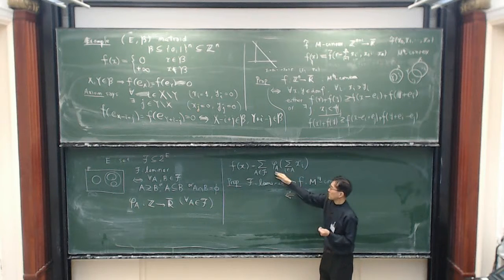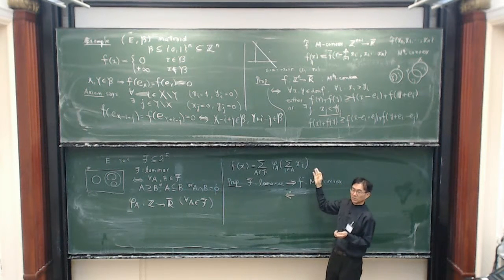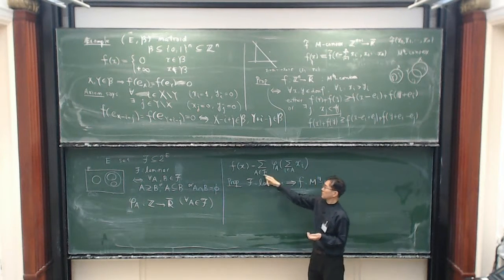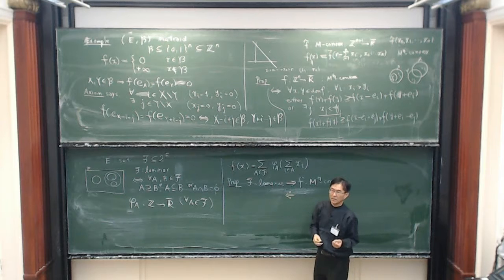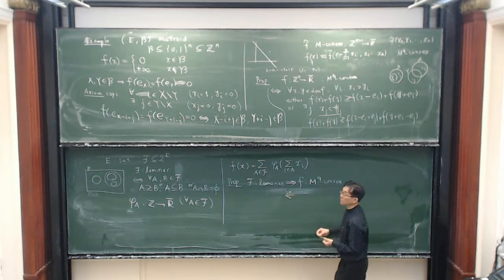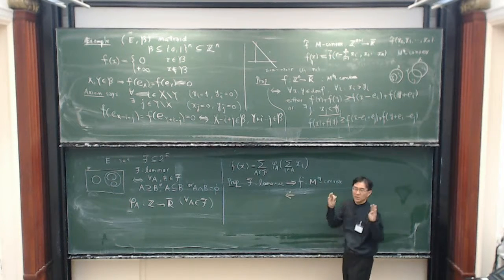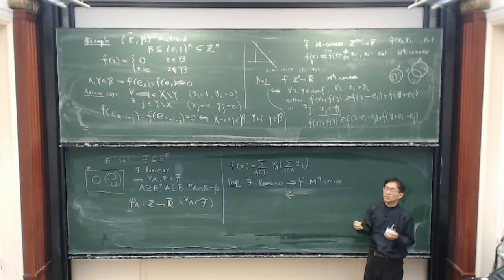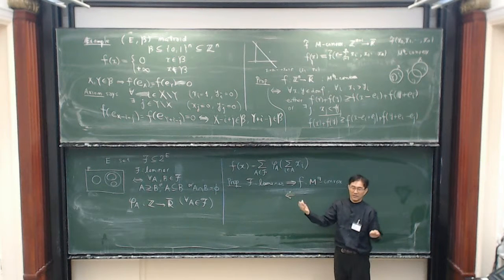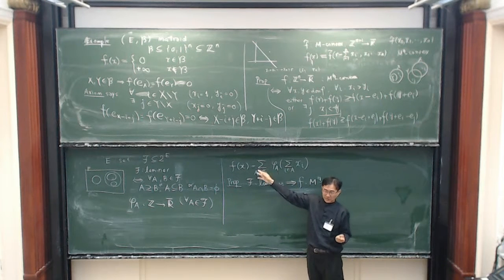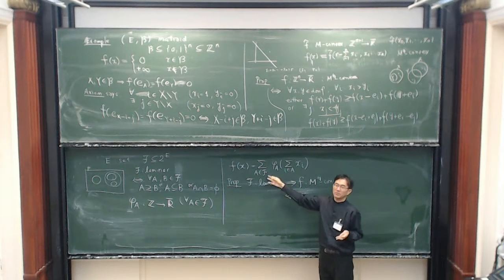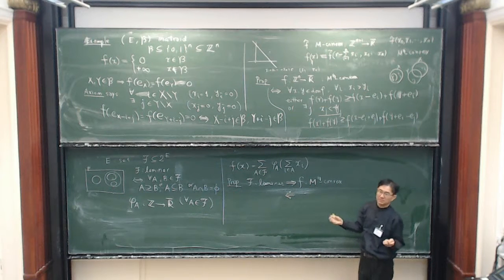If such a function is M natural convex for some family, then the family must be laminar. Of course, we have to formulate what the non-degeneracy means, but say if you pick the functions randomly, and if it happens to be M natural convex, then your family must be laminar.